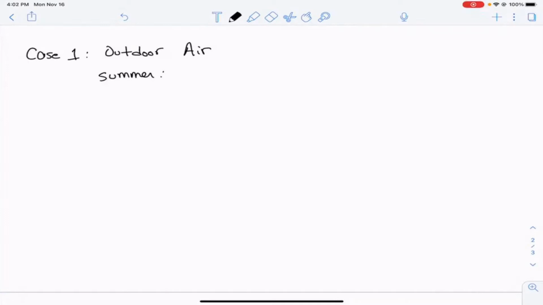So we are accepting heat at the lowest temperature from inside the house, and we are rejecting heat at the hot temperature. We're rejecting the heat to the outside.